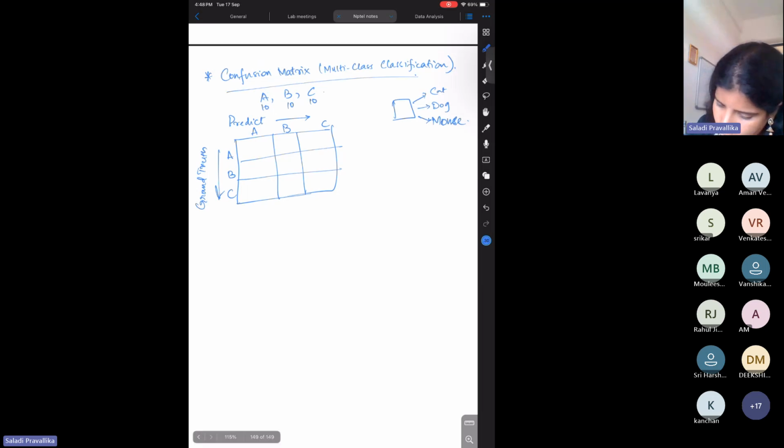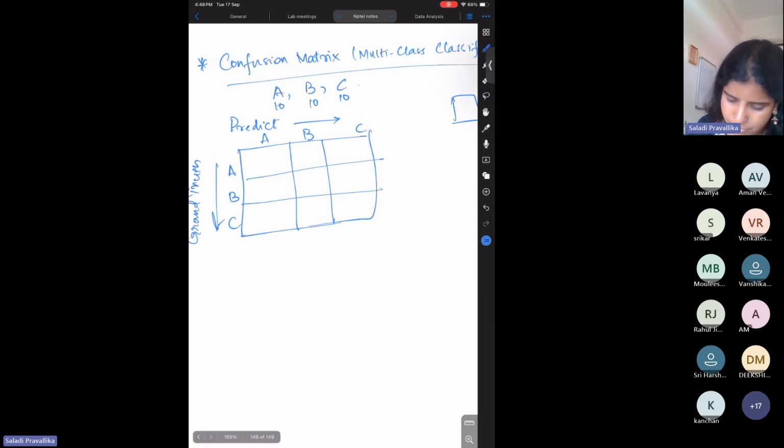Now the model has predicted some values.